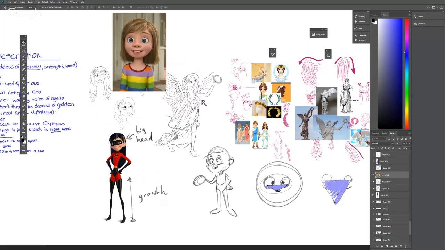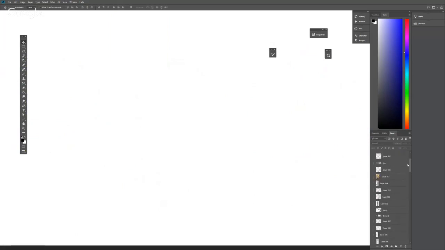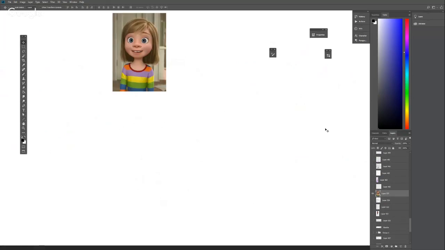So yeah, anyone another question? Yeah, it's always better to look for photo reference. And then, for example, what I was talking about for Martha, I think in this case it's good to just get a bit of the idea of the proportions and do it a bit different.